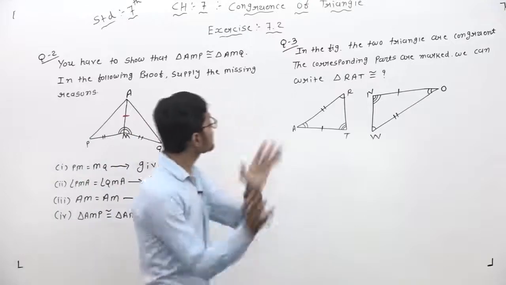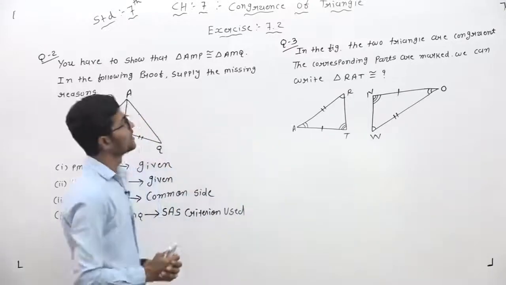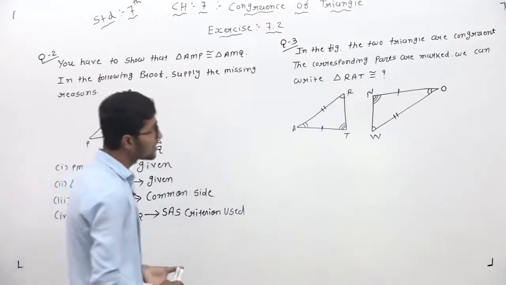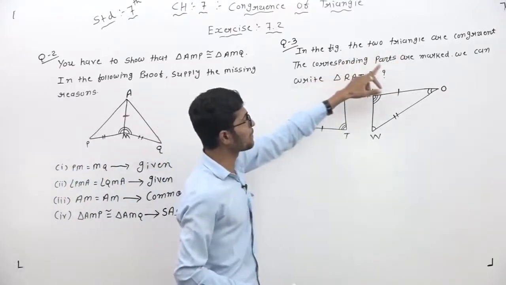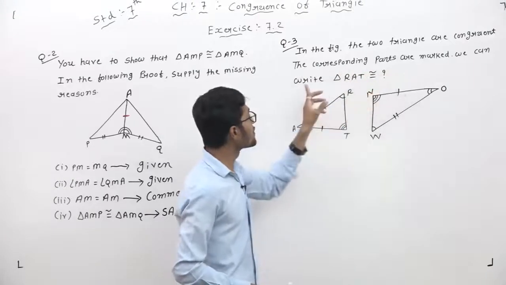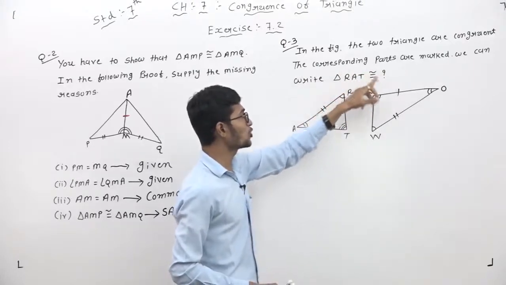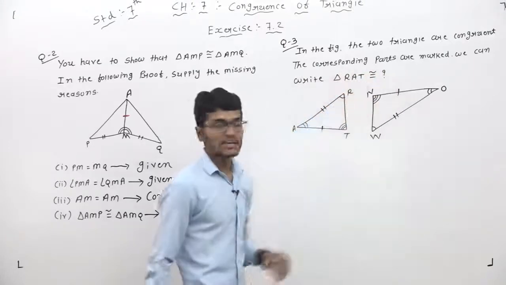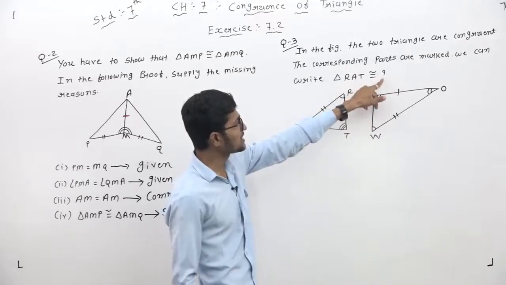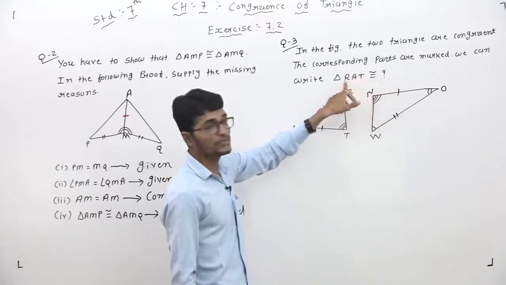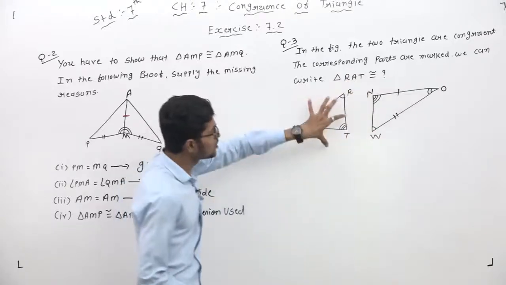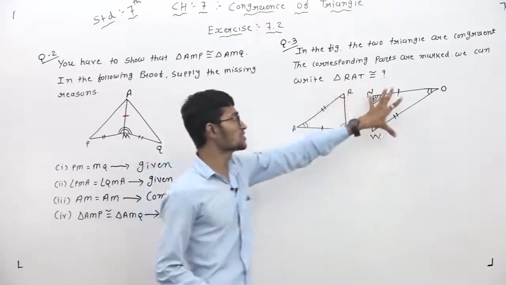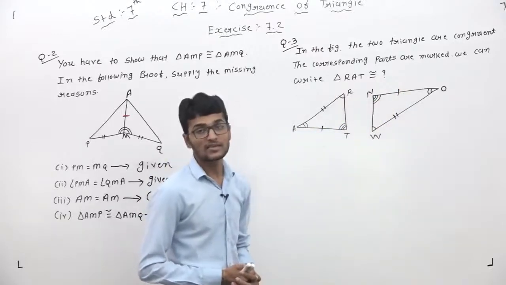Done? Now the next is question number 3. In this question, in the figure, the two triangles are congruent. The corresponding parts are marked. We can write triangle RAT congruent to, and here is a question mark. This means we will write which triangle is congruent to triangle RAT. So here is the given figure. This one is the RAT figure, and this one is the other triangle.